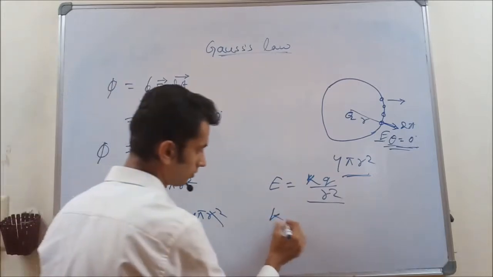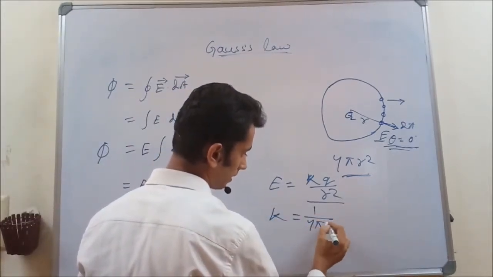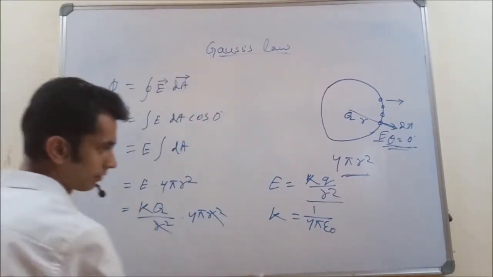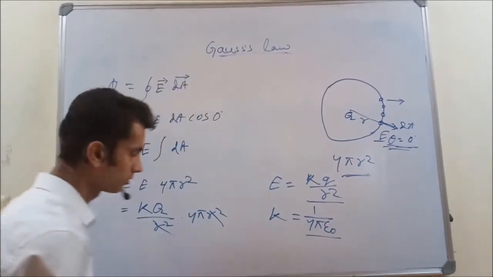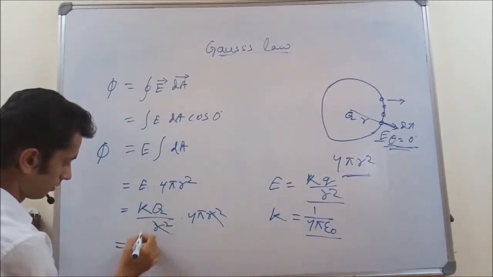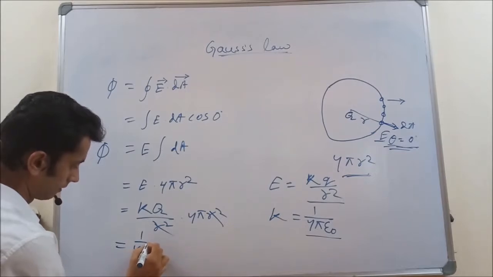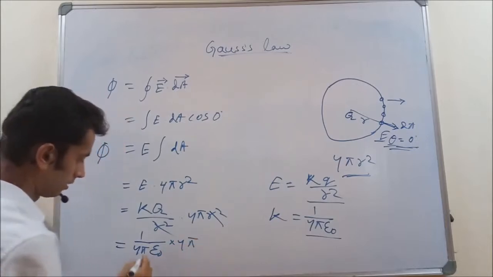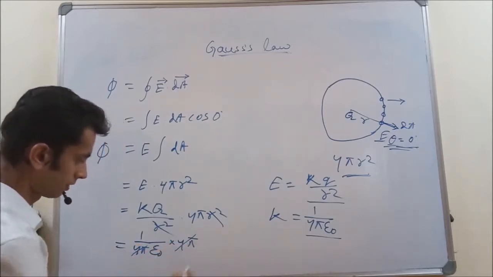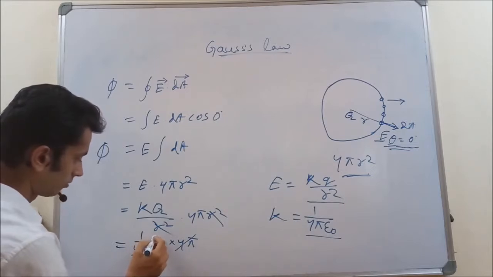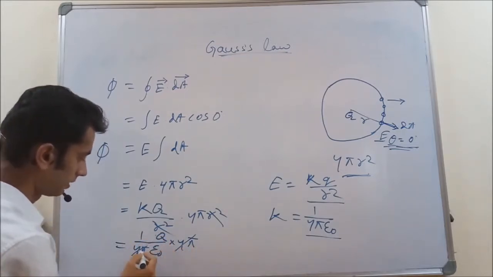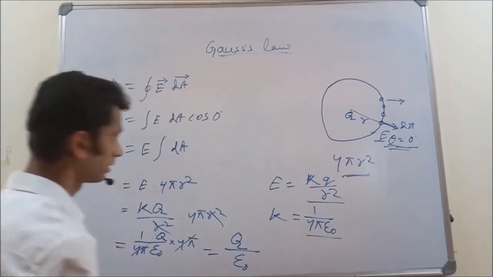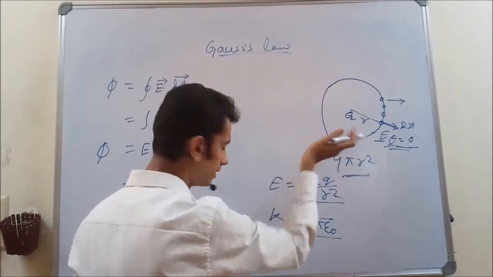Our k is equal to 1 by 4 pi epsilon 0, so instead of k we can write 1 by 4 pi epsilon 0, into 4 pi. So 4 pi cancels. So here 1 into q. What remains? Q divided by epsilon 0.